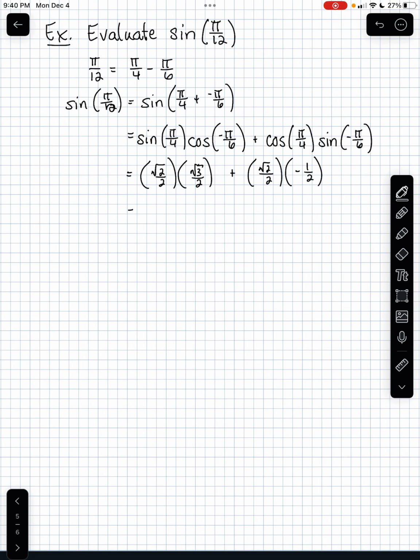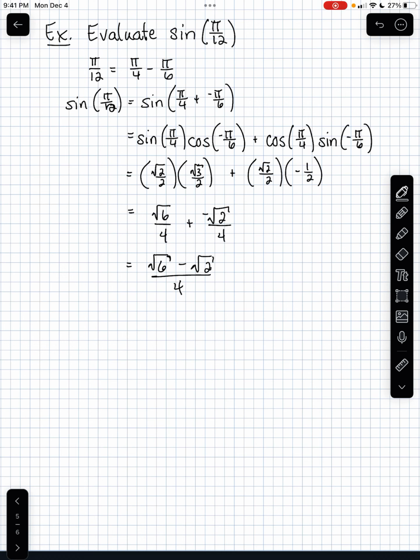From there, it's just a matter of actually multiplying these things together. The square root of 2 times the square root of 3 would be the square root of 6. And in the denominator, we have 2 times 2 is 4. In the second multiplication, in the numerator, we have square root of 2 times negative 1, which is negative square root of 2. And that is over 4 as well. So since they are both over 4, we can easily combine them to get the square root of 6 minus the square root of 2 over 4.